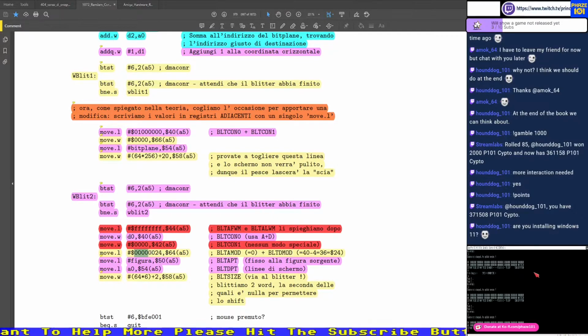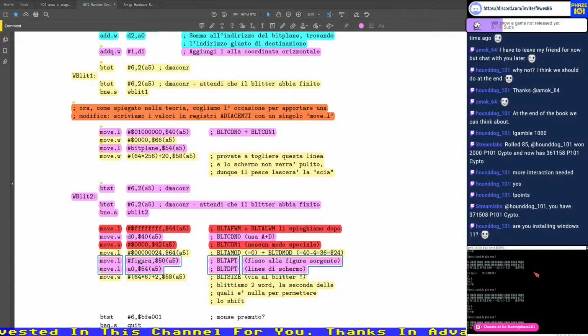Then the modulo for D, remember this is in bytes, is 24 hex. Here he's showing 40 minus 4, because the width of our fish is 4 bytes, which is 2 words, is 36. So we put 24.